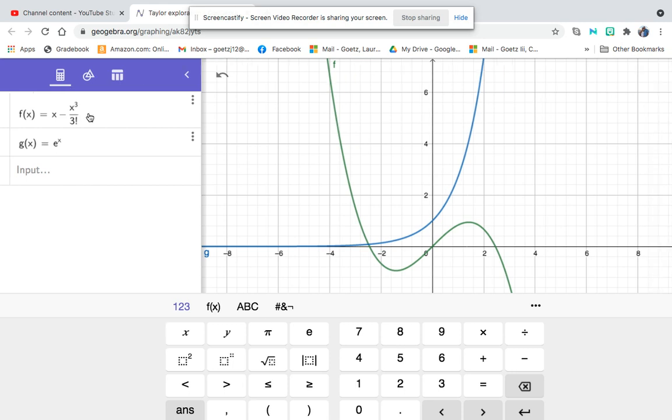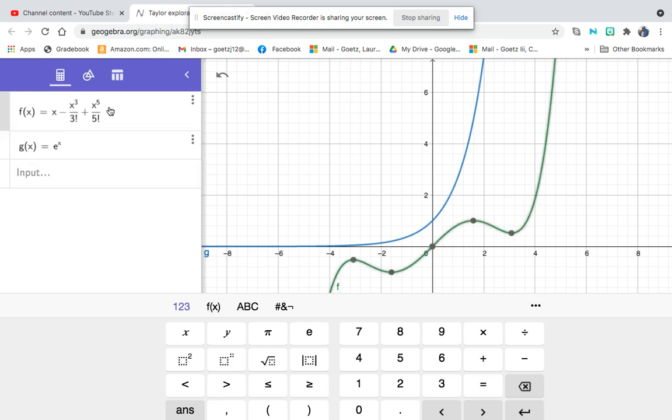And then I added x to the 5th over 5 factorial. That's also an odd degreed polynomial, so you're not surprised, but with a positive leading coefficient, so you're not surprised, right? Let's do another one.